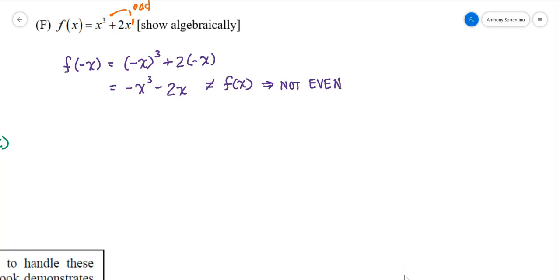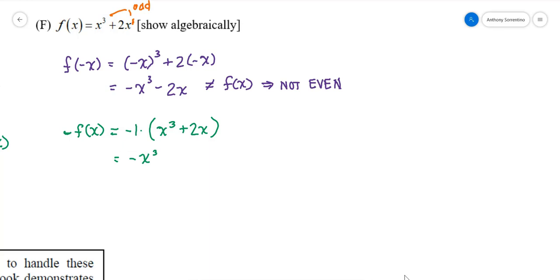So now I have to go and figure out what negative f of x is. Which means I'm taking the function f of x and multiplying it by negative 1. So I'm going to have negative 1 times what f of x is. That's x cubed plus 2x. When I distribute that negative 1, I get negative x cubed.